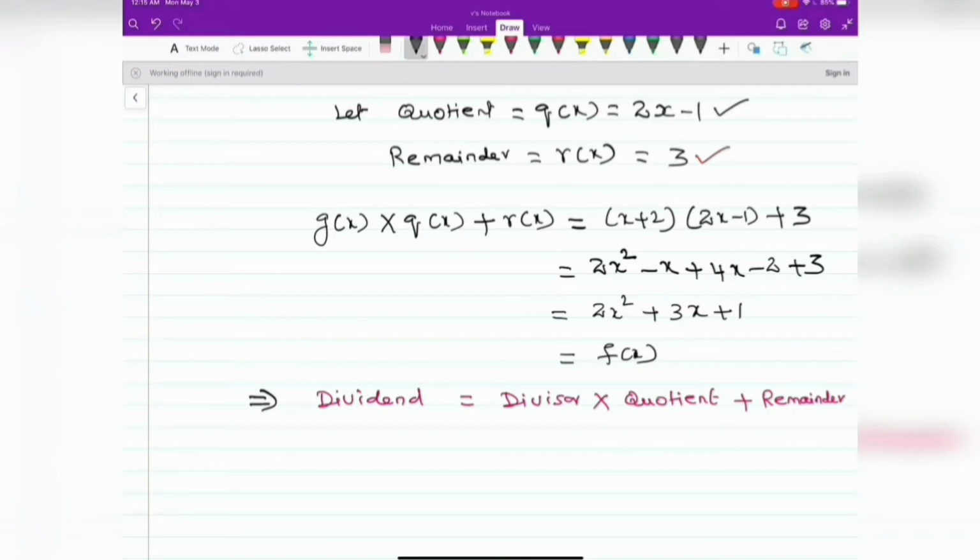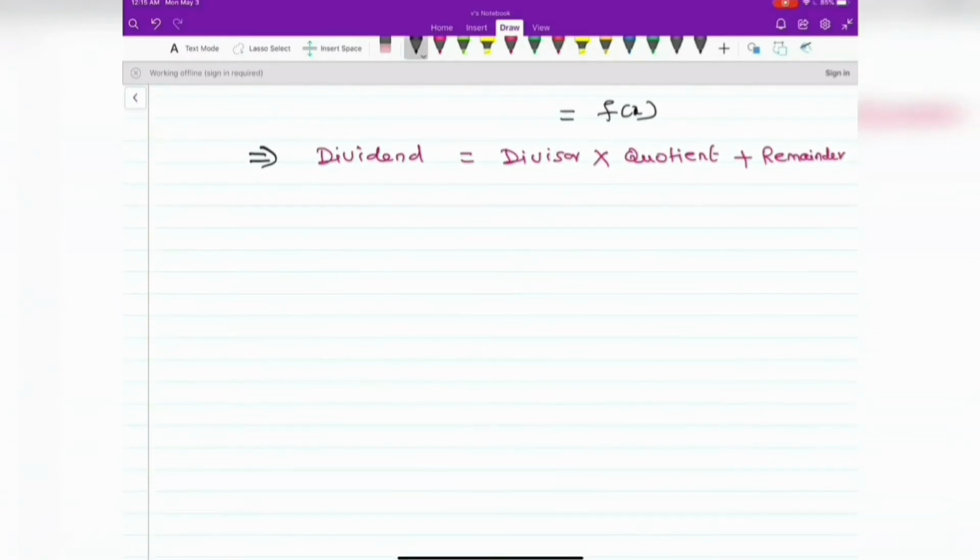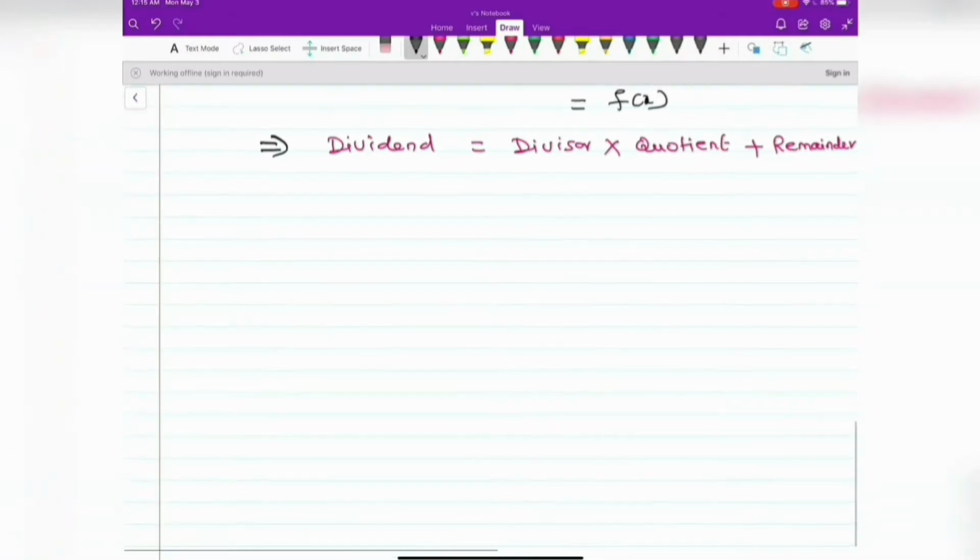Let me give you one more example. Consider this. Example 2.